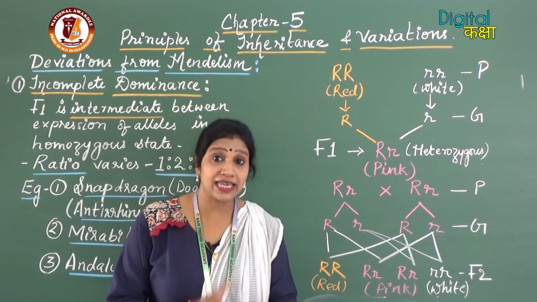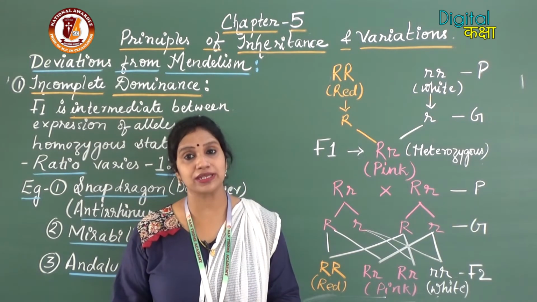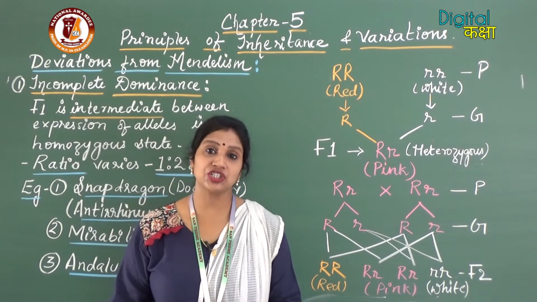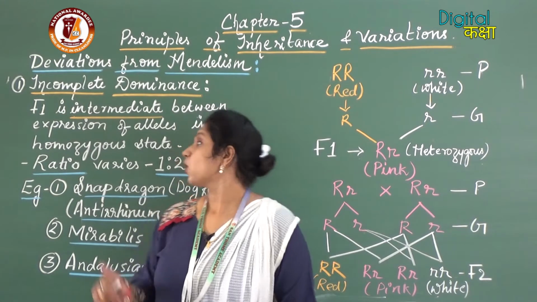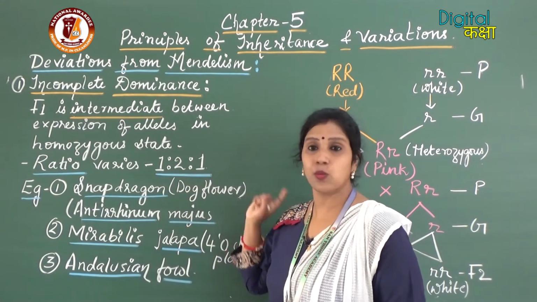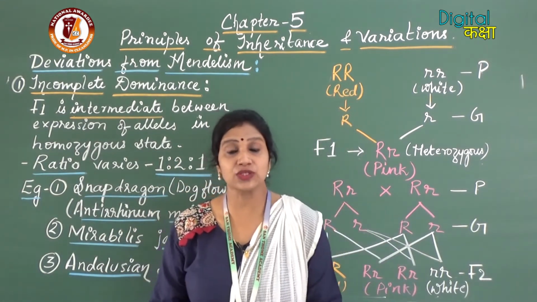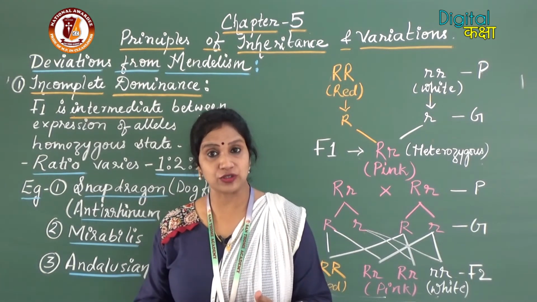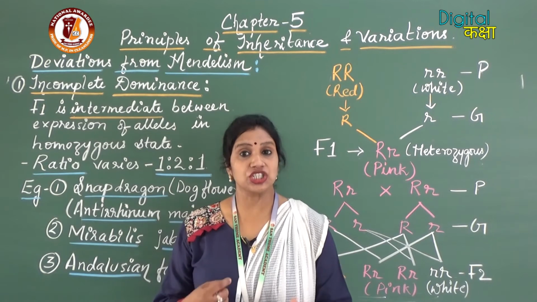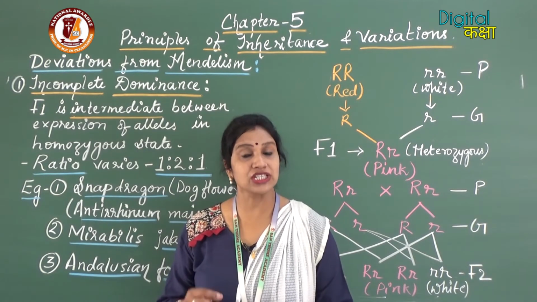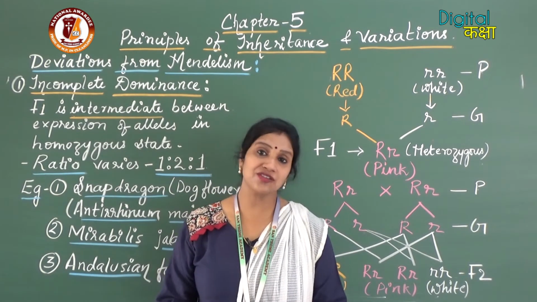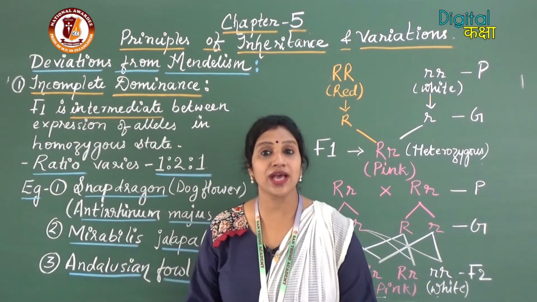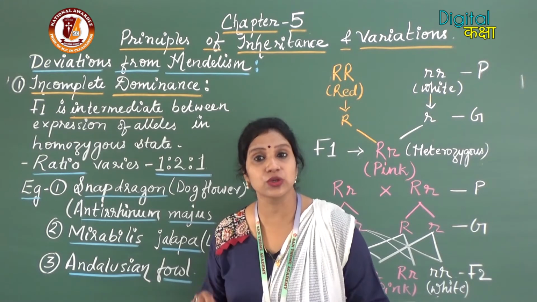So here in case of incomplete dominance, the phenotypic ratio as well as the genotypic ratio is 1:2:1. So this varies from Mendel's laws, that in case of F2 generation, the genotypic ratio is 1:2:1 and the phenotypic ratio is 3:1, but here it varies to 1:2:1.